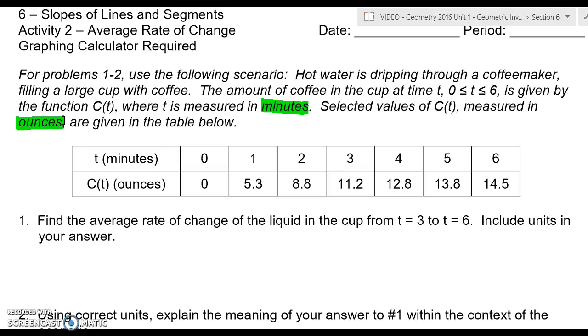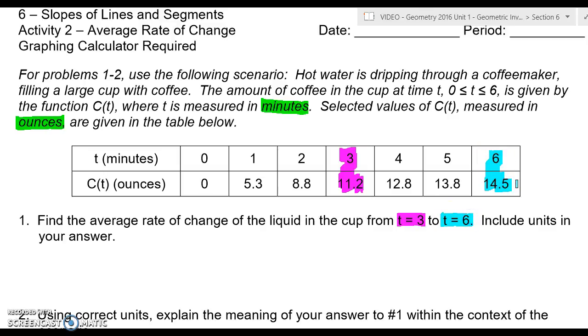All right. So part one for this problem, we want to find the average rate of change of the liquid from t equals 3. Actually, let me use a different color so we can see the process here. So here's our stuff at t equals 3, and to t equals 6.